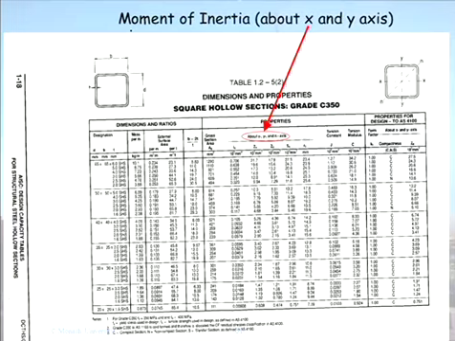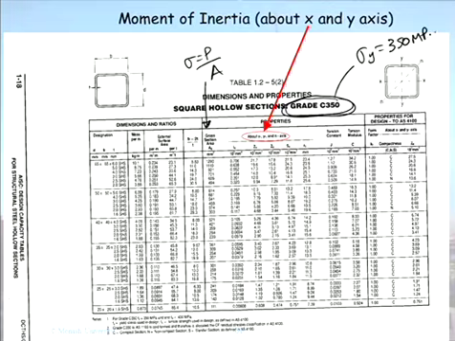Oh, speak of the devil. Here it is for your square hollow sections. So here is your area column. So you'll need that. And here, your steel is grade C350. And if you read the small print down here, it tells you that means your yield stress is 350 MPa.